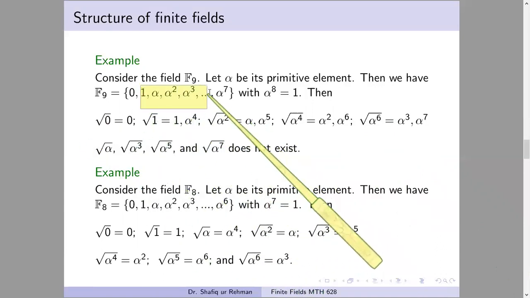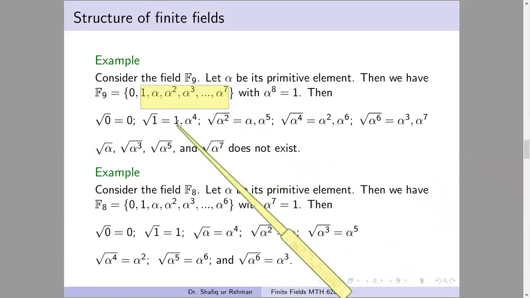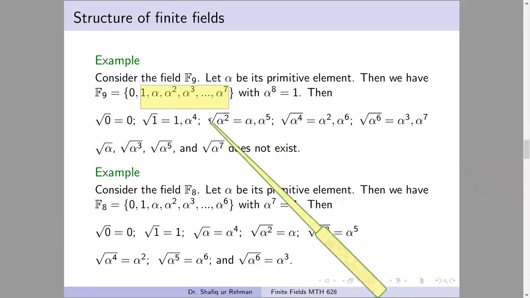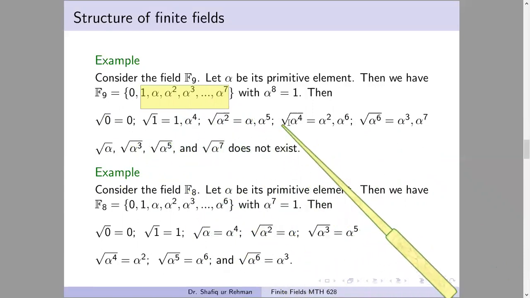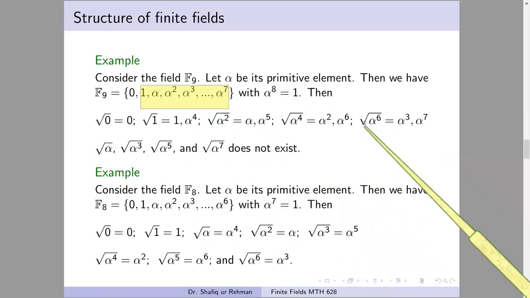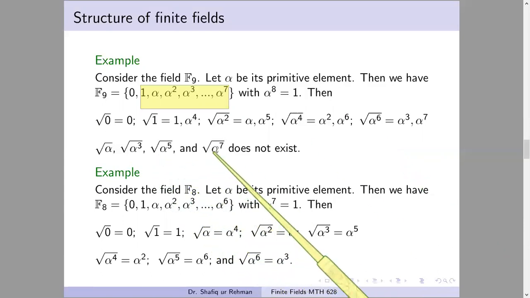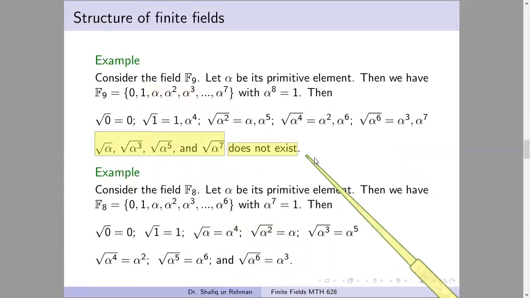If we talk about non-zero elements, half of the elements, meaning four elements, 1, alpha square, alpha 4, alpha 6, have square roots, not a unique square root, but two values for the square root. And the other half, alpha, alpha cube, alpha 5 and alpha 7, have no square root in the field.